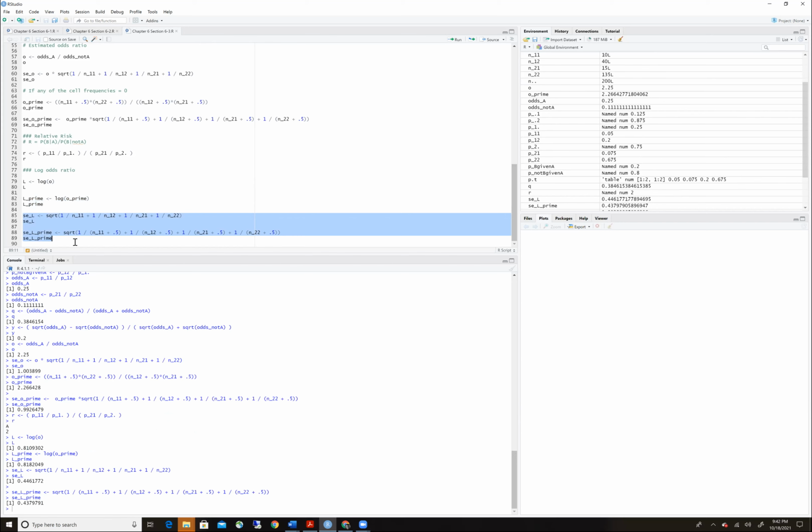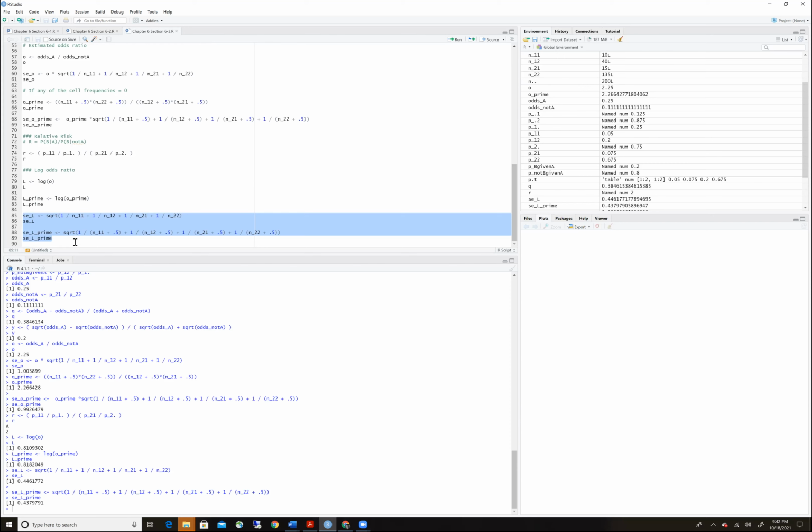Essentially here, I could create a confidence interval by first looking at the log odds and using the standard error. And then at the end of the day, I would exponentiate the entire confidence interval.